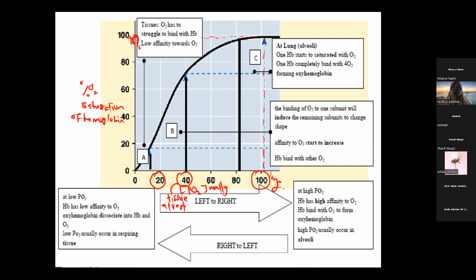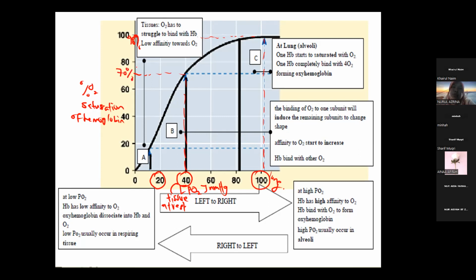At rest means when your tissue is doing normal metabolism. Benda-benda biasa yang kita buat secara harian. So kita panggil partial pressure of oxygen in tissue at rest. Berapa partial pressure dia? 40 mmHg. And what is the oxygen saturation? Berapa ketepuan oksigen pada waktu ini? Ketepuan oksigen in the hemoglobin at this particular time may be around 70%.